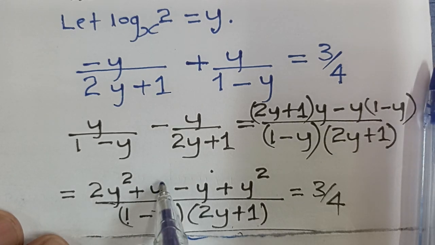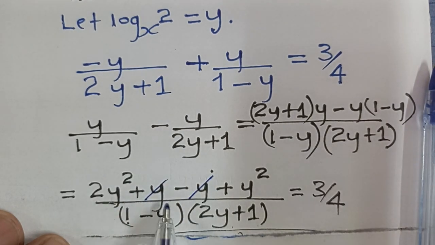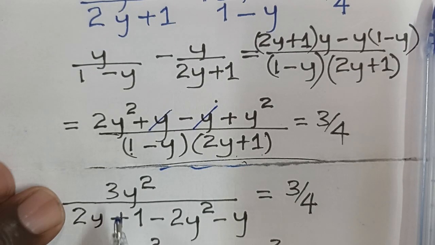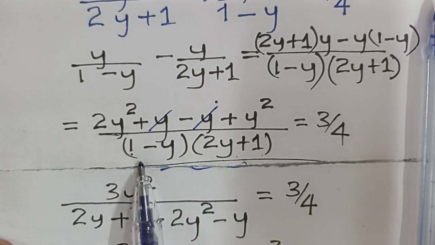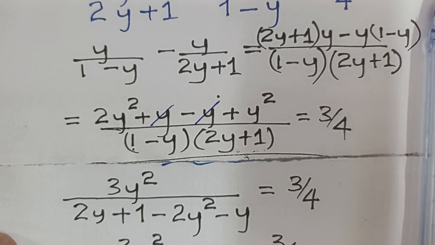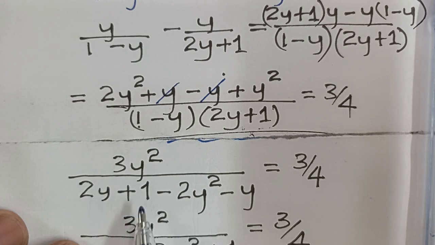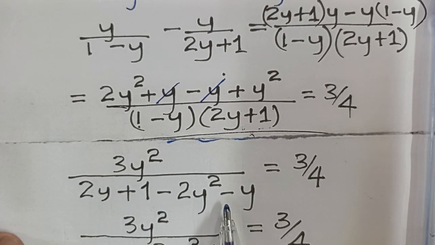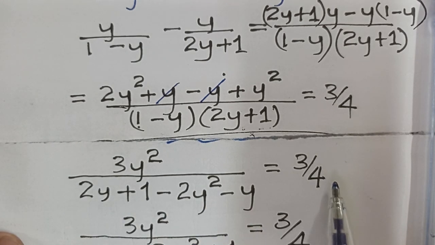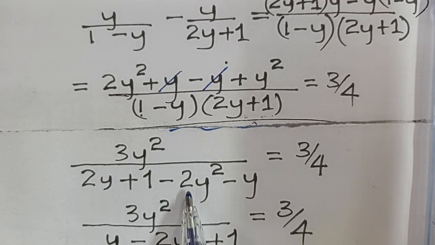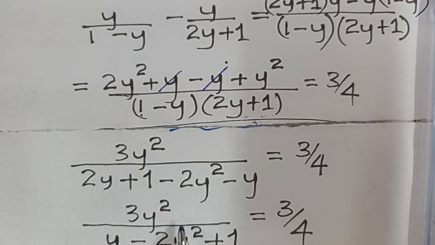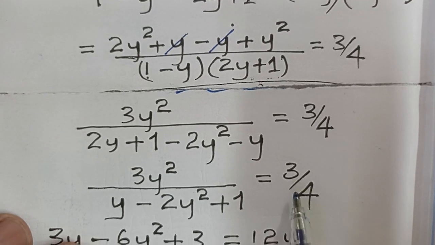Guys, this can cancel that and that, because this is plus and this is negative. And then we are left with 3y squared. I have also expanded this. By expanding that, this is what I have gotten right here, 2y plus 1 minus 2y squared minus y. This gives us 3/4. For this, you will have 2y minus y. This one gives us y. Then we are left with minus 2y squared and then plus 1. And on the numerator, we have 3y squared.